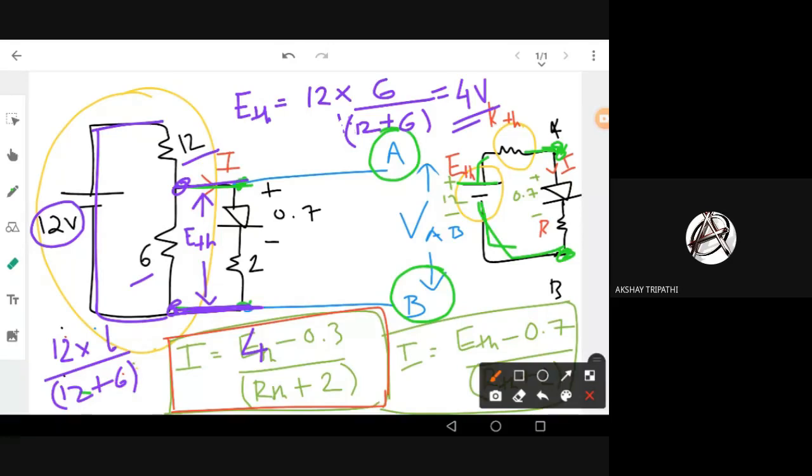So the resistance is also 4. So R Thevenin is also 4. Using this, we can calculate. If it is germanium, the drop is 0.3. If it is silicon, it is 0.7. So here I'm just using a simple Thevenin theorem.